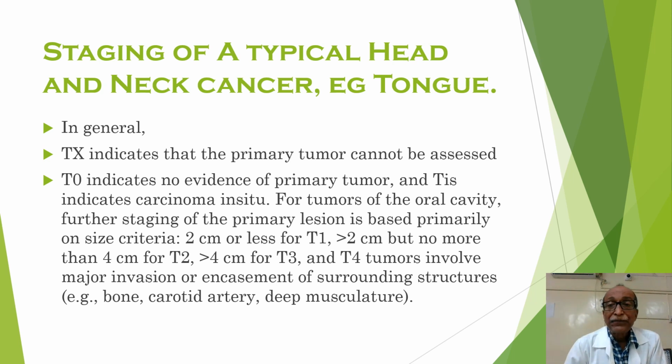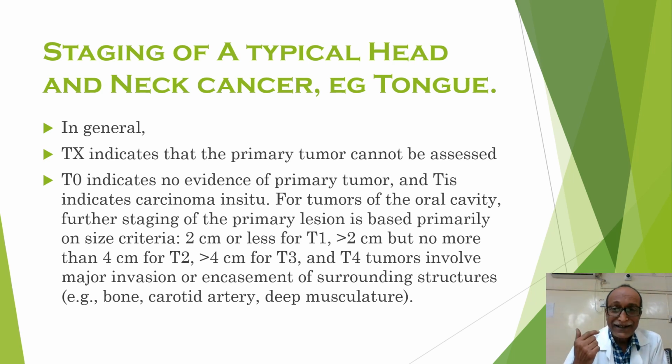In general, the terminology is used, and you must be familiar with it. T can be X, 1, 2, 3, or 4. TX indicates that the primary tumor cannot be assessed. It is present, but you can't measure it. T0 indicates there is no evidence of primary tumor. Then what were you looking for?